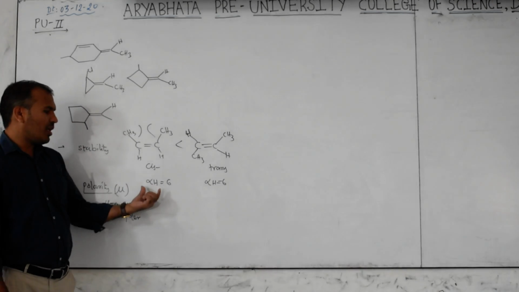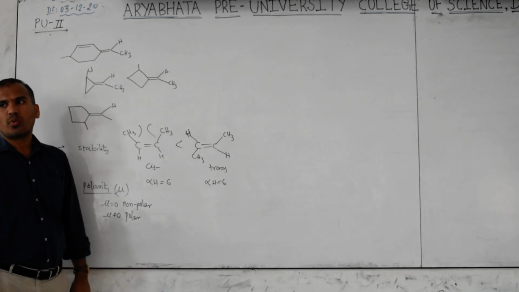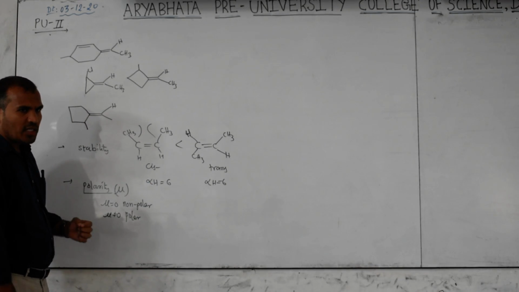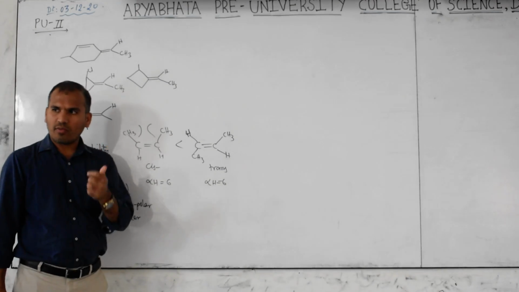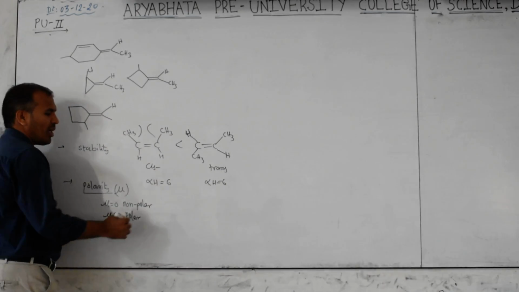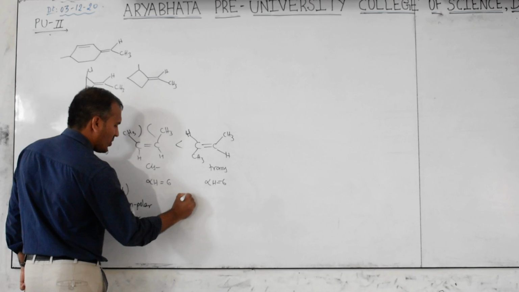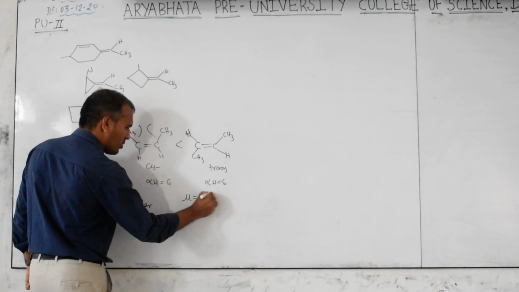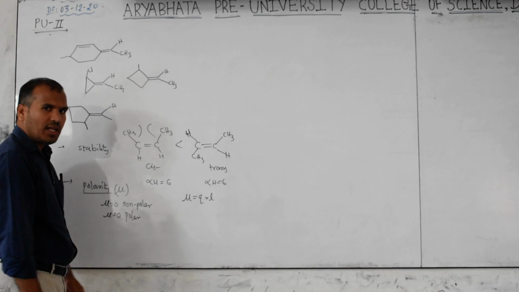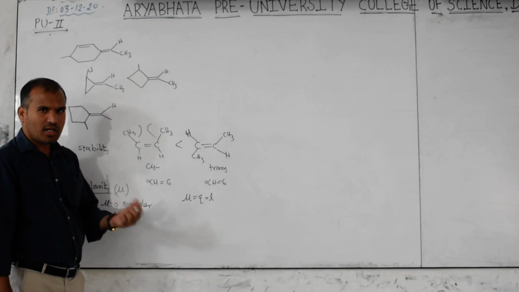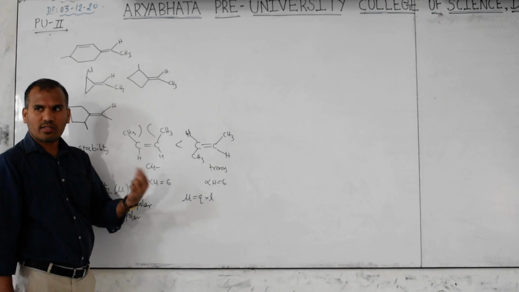Now tell which is polar and which is non-polar. Dipole moment is a vector quantity. We know the dipole moment formula: mu equals Q into L, charge into length. Or R is also given in some books, D also in some books.